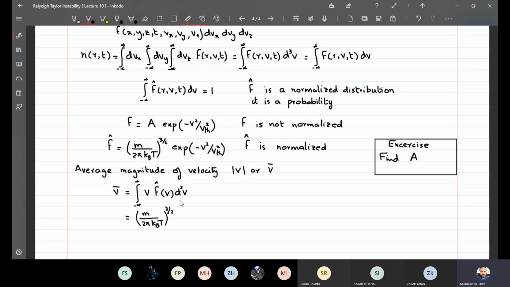So here you can see that the distribution that I am using, this F, is isotropic. Isotropic means that it is the same in all directions or the same for all quantities. It is independent of Vx, Vy, or Vz. So that's why we can use the spherical coordinates.